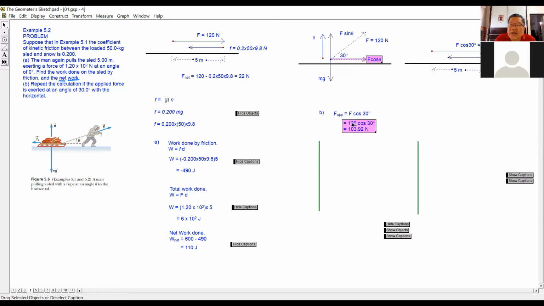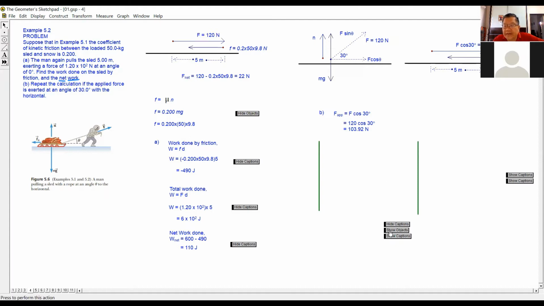So 120 cos 30. Using the calculator, the applied force is now only 103.9 newtons. If you compare with the earlier case, the applied force is the full 120 newtons. Now we have only 103.9.